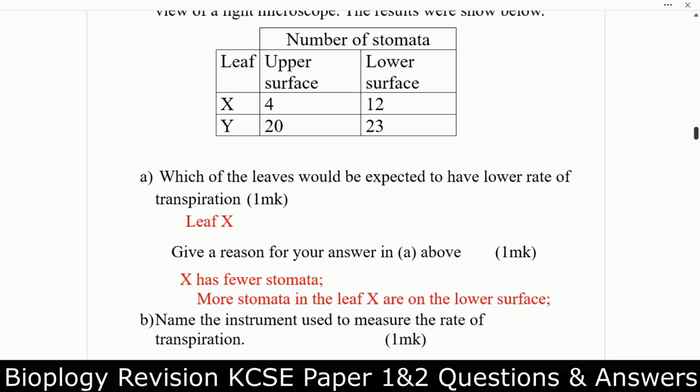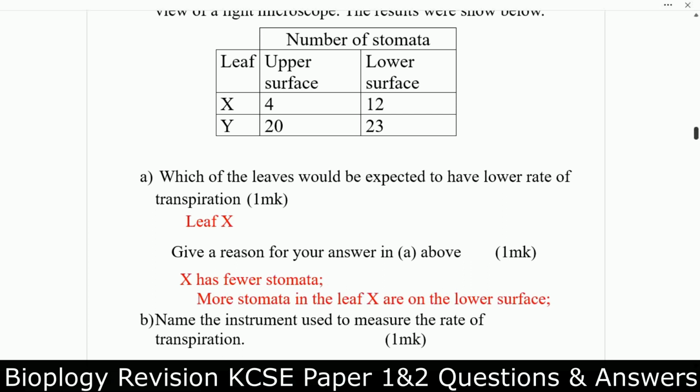It has fewer stomata. So you can see leaf X on the upper side it has 4, on the lower side 12. If you compare with leaf Y, it has 20 on the upper side and 23 on the lower side. So generally X has fewer stomata, and more of the stomata in leaf X are on the lower surface.